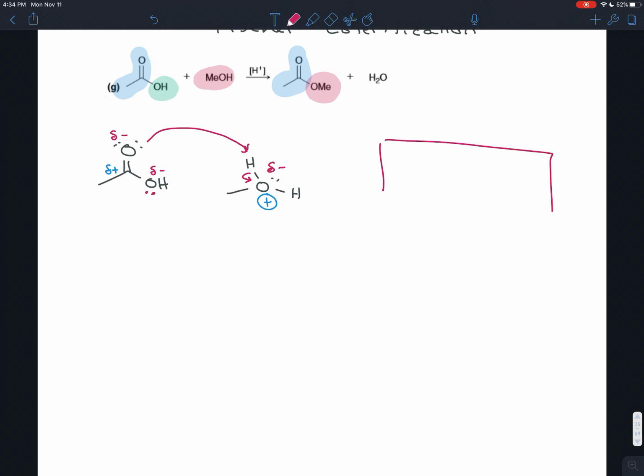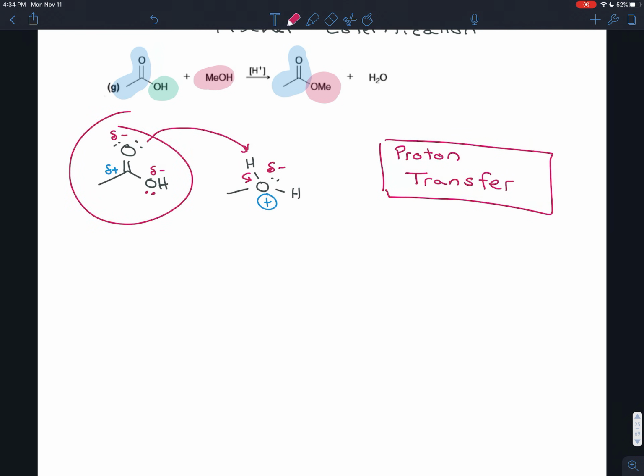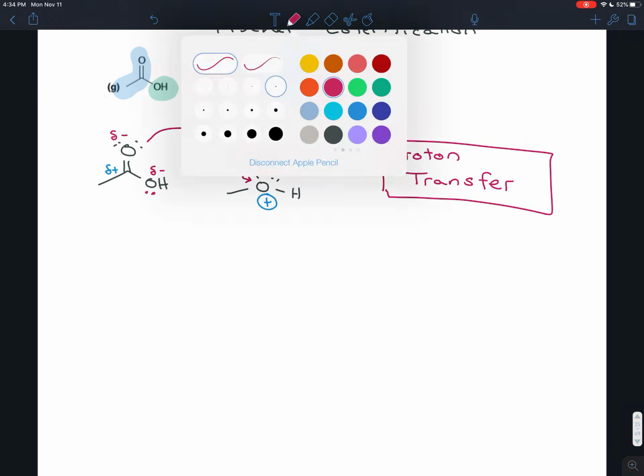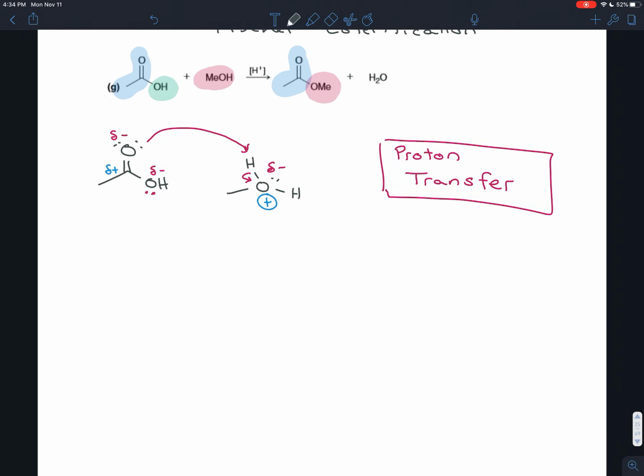So if you were classifying this as in one of the 4 curved arrow patterns, you would notice that this is a proton transfer. And we're doing a proton transfer to change the reactivity of this molecule. This is not electrophilic enough, it's not reactive enough. With a proton transfer, we add some positive charge onto this molecule, and that makes it more reactive, a better electrophile.